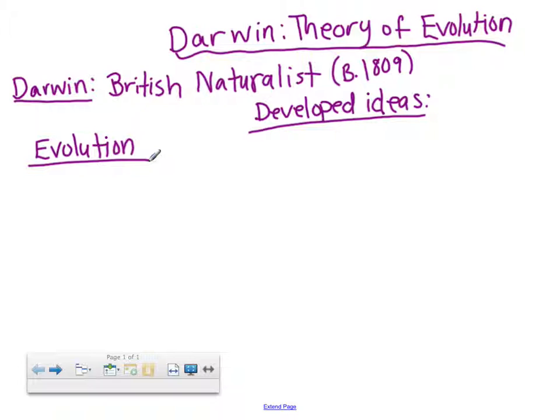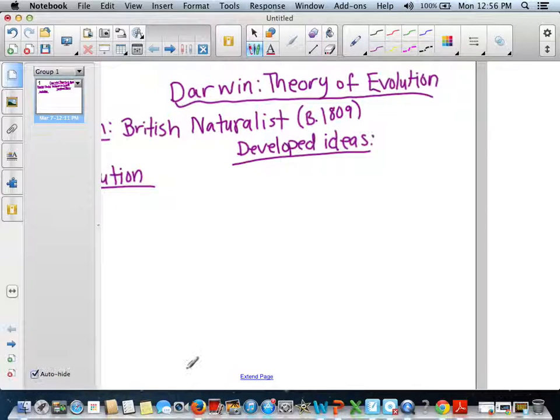So far, so good? All right. On the right side, I'm going to have you write the title, but then this is the last and only thing we're going to write today. On the right side of your paper, go ahead and write natural selection. I'm not going to write it on here because this is just going to be the left side. But on the right side at the top of the page, write natural selection, S-E-L-E-C-T-I-O-N.